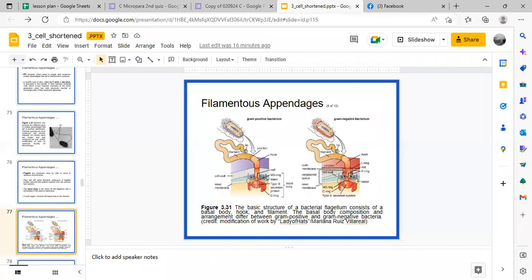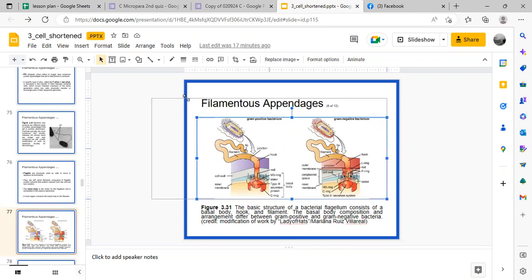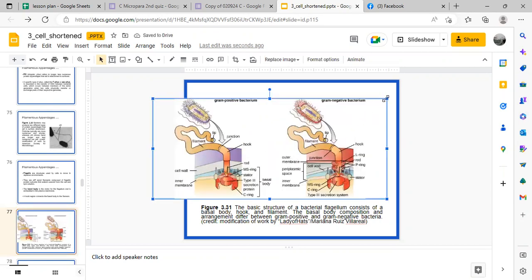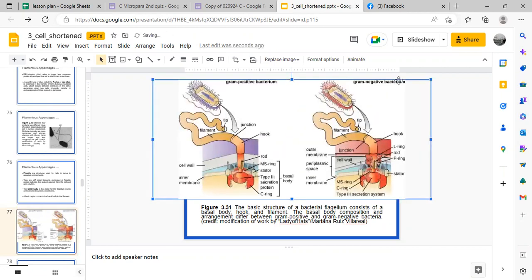Okay, so tingnan natin ang difference ng gram-positive bacteria sa gram-negative bacteria. Okay, so sa gram-negative, meron kang L-ring and P-ring na wala sa gram-positive bacteria.